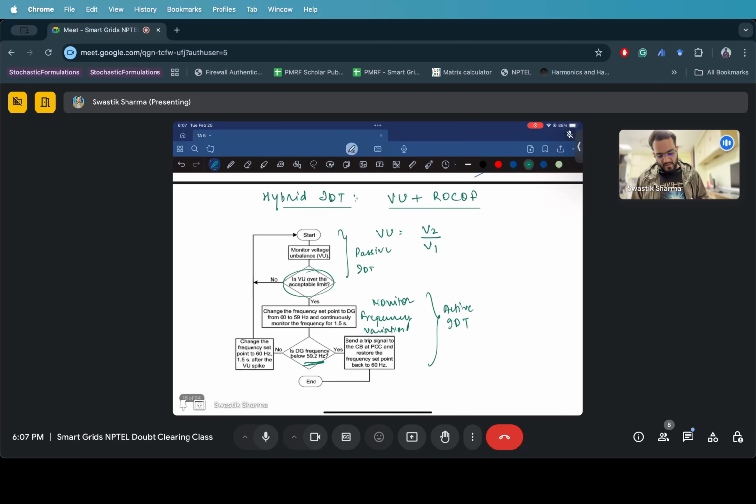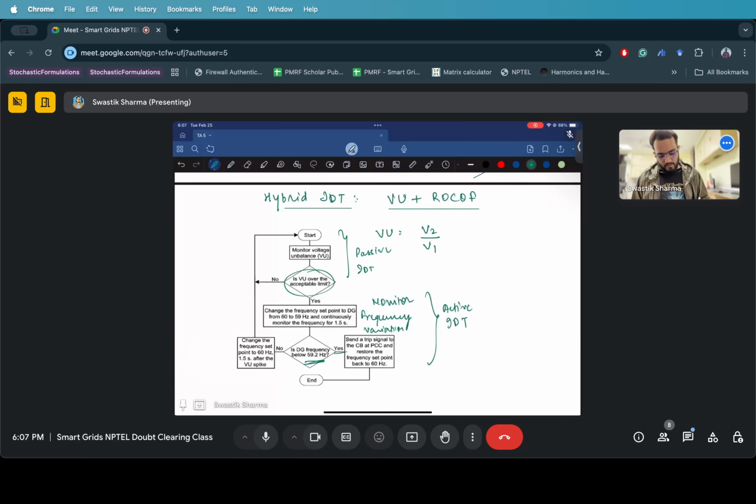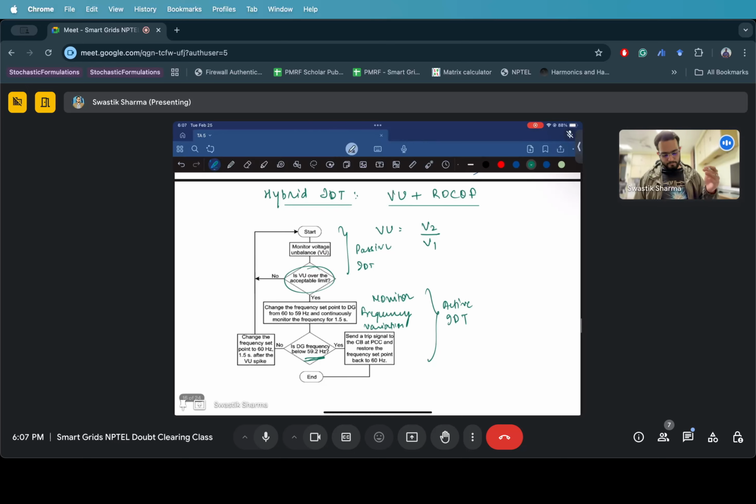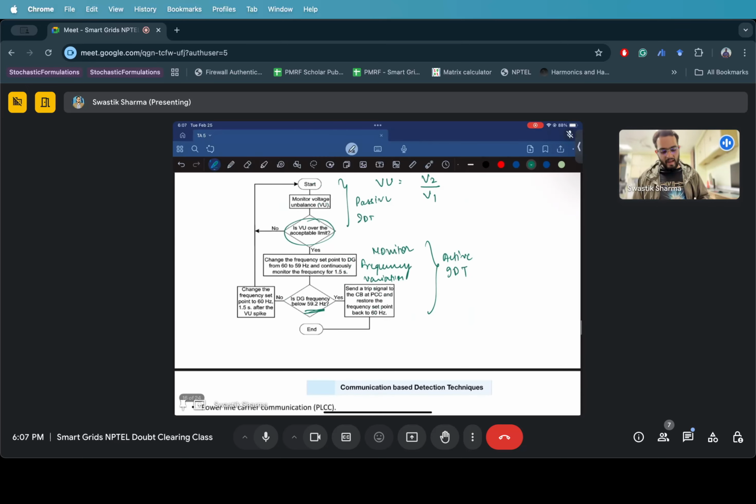So what we do is we send a trip signal and we say that the PCC is no longer, so the main grid is no longer connected. So let's trip the circuit breaker connected to the microgrid side, and we will change the frequency set point of the DG back to 60 hertz to track 60 hertz only. So this is one way in which we can model an active DT, right?